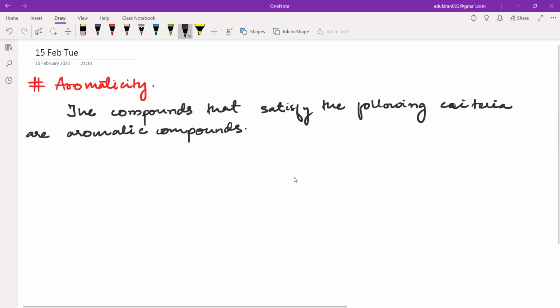Okay, so the first criteria is that the structure should be planar.